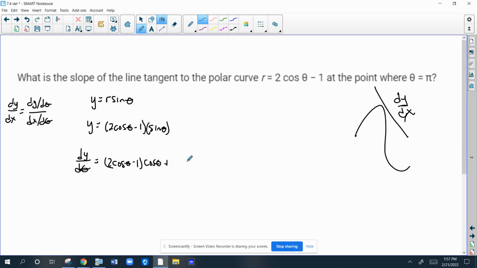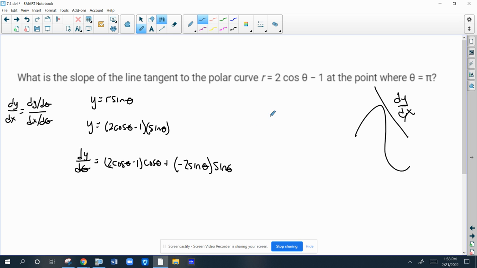Plus the second, which is sine theta, times the derivative of the first, which is the derivative of cosine, negative sine, so this is going to be plus negative 2 sine theta, derivative of 1 is 0, times sine theta. So that was just the product rule. Let's not simplify it at all because we're doing it at a specific point.